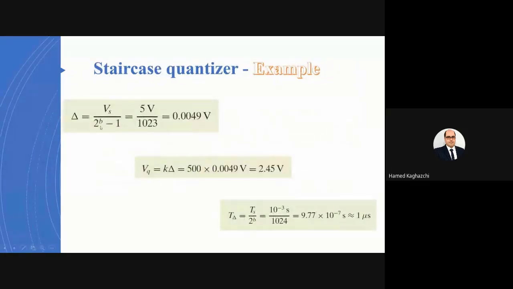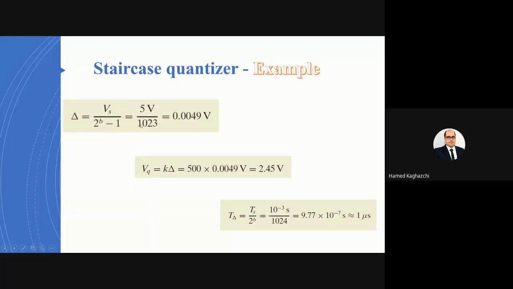According to this formula, delta is equal to Vs divided by 2 to the power of B minus 1. Our B is 10. 2 to the power of 10 is 1024, minus 1 is 1023. And Vs or Vmax is 5 volts.